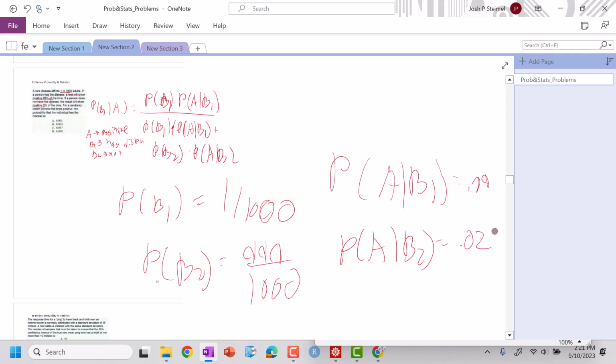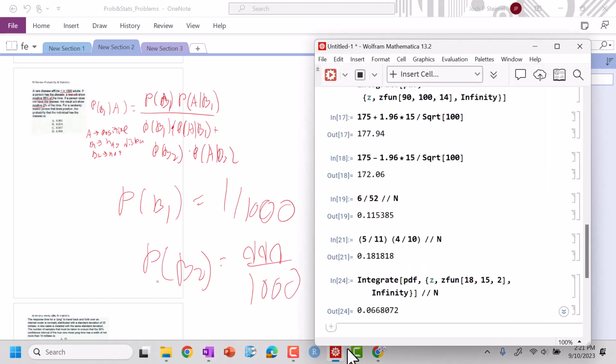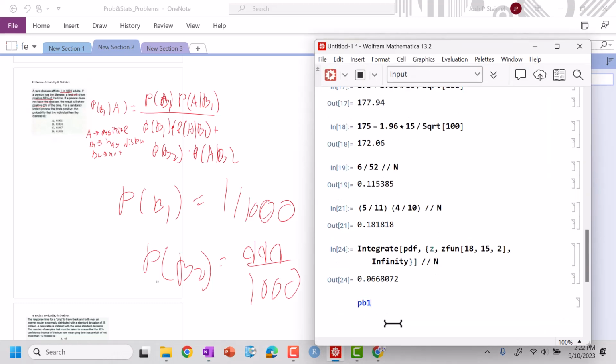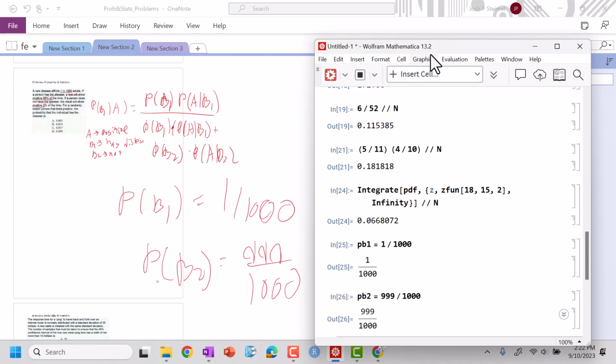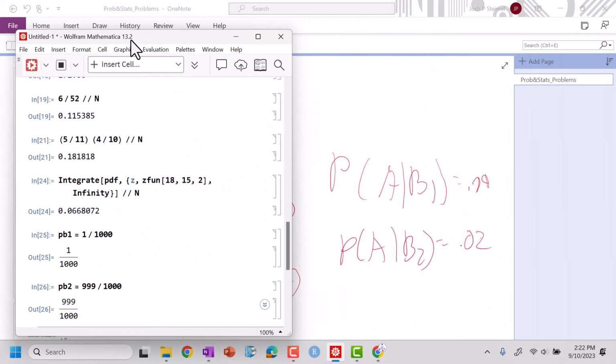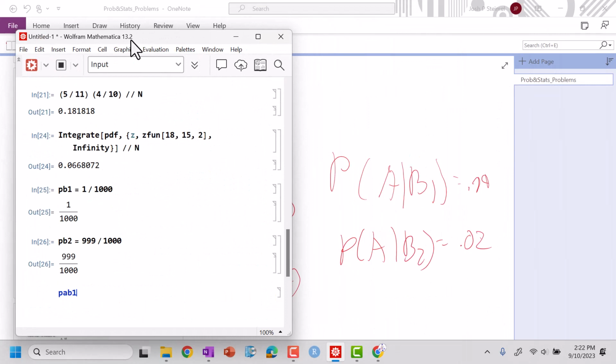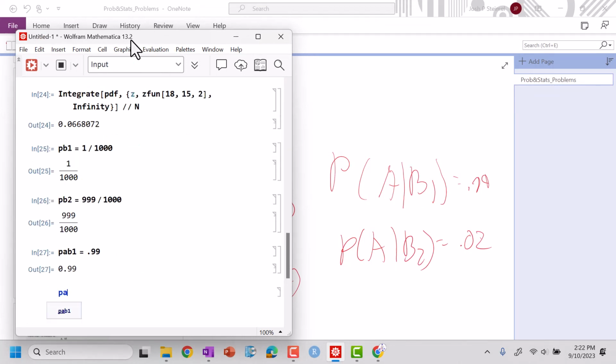So we can figure that out now. PB1 equals 1 divided by 1,000. PB2 equals 999 divided by 1,000. PAB1 equals 0.99. PAB2 equals 0.02.